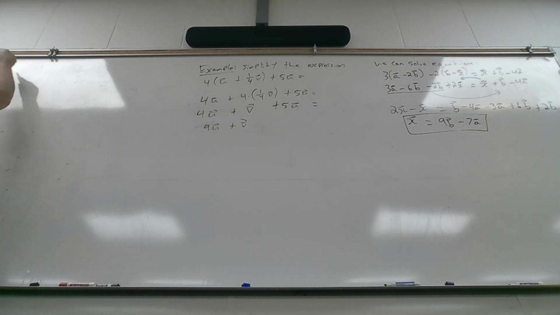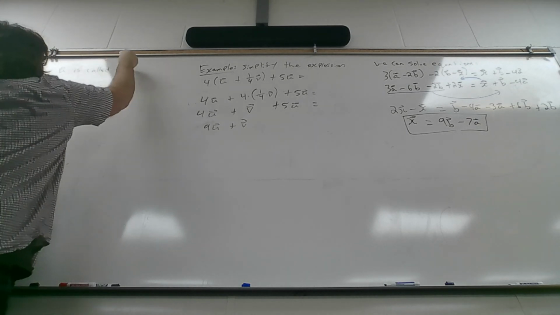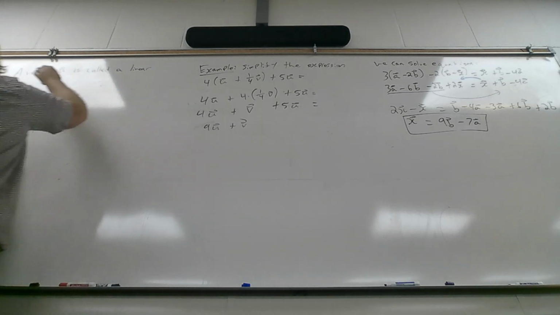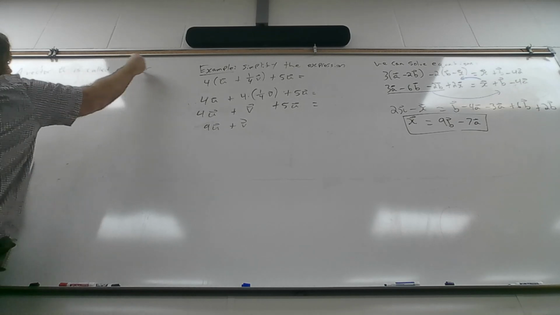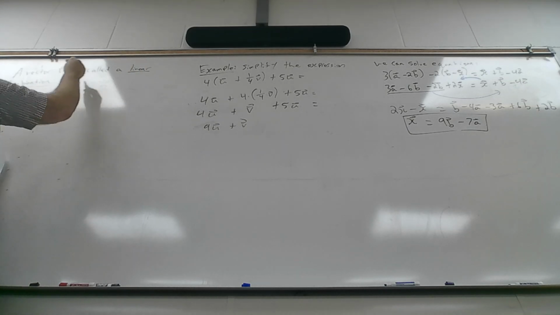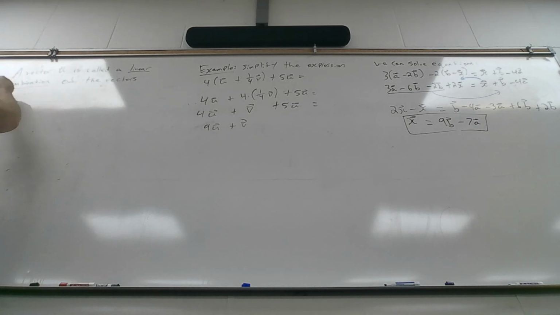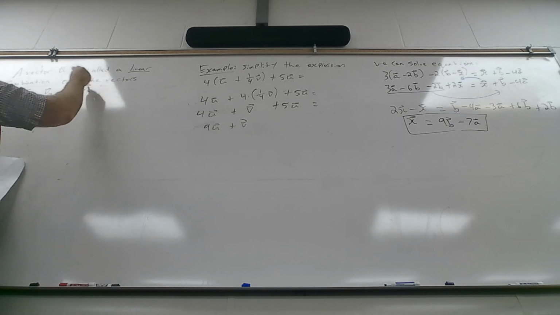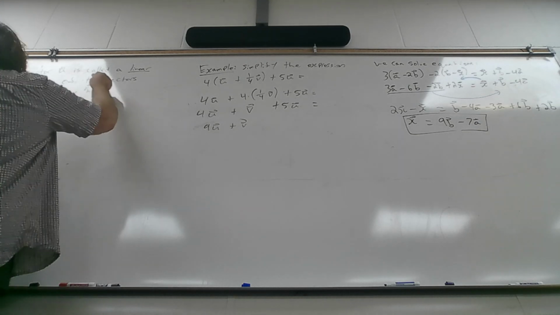So a vector u is called a linear combination of the vectors v1, v2, v3, and there's some number of them. Doesn't matter how many, we're going to say there's k of them.